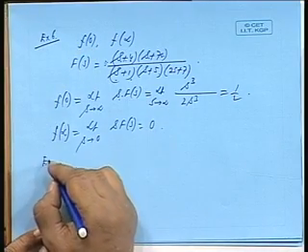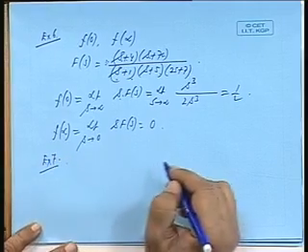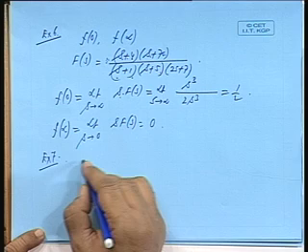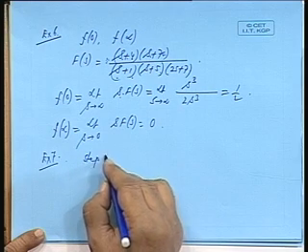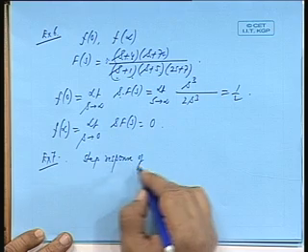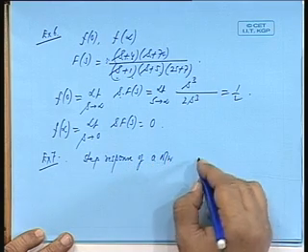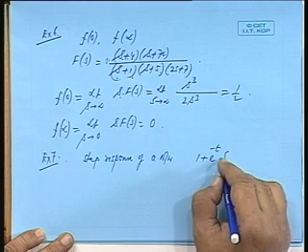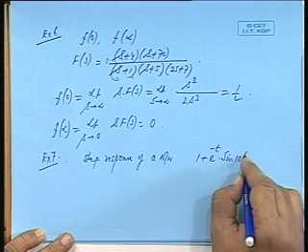Next example, the step response of a network is (1 plus e to the power minus t sin 10t) into u(t).